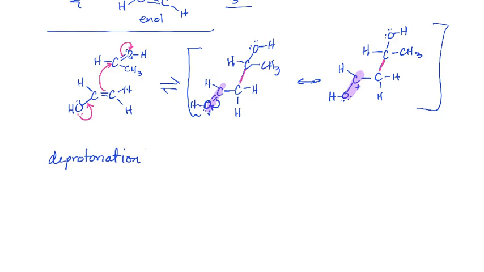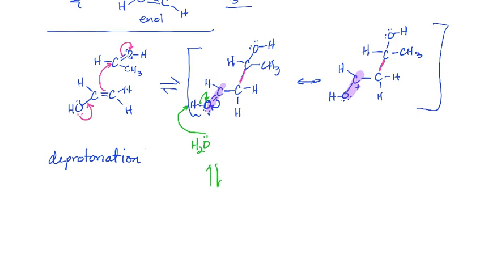So I'm going to draw in the water. We'll give that a different color. There's water present in these conditions because this is H3O+, acid catalysis. So that water can remove the extra proton here, pushing electrons onto the oxygen.